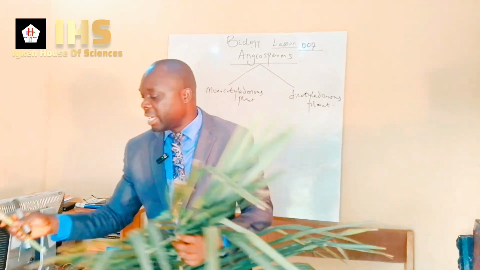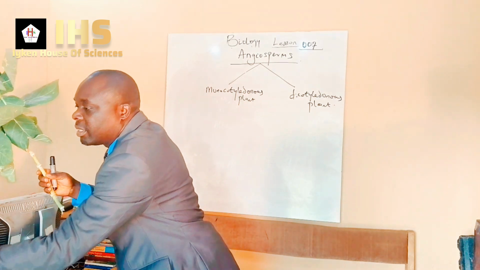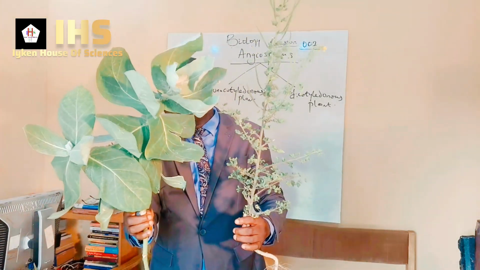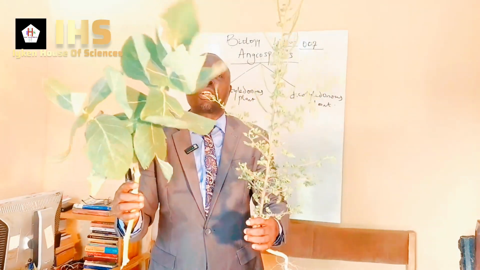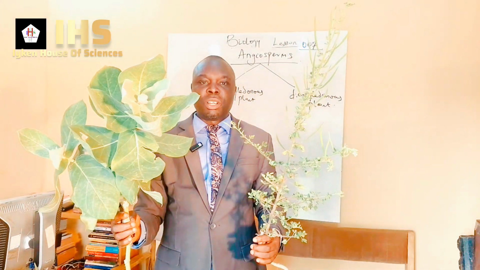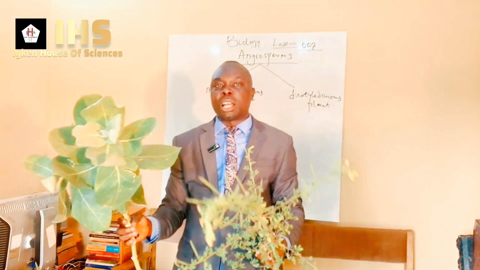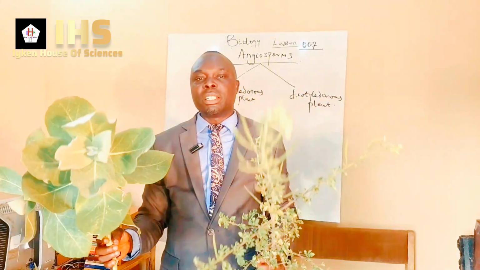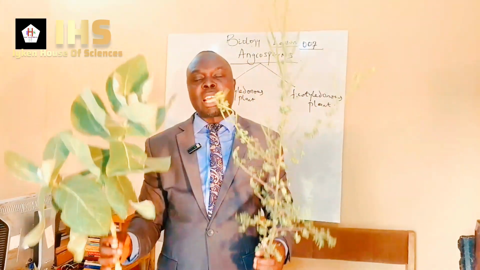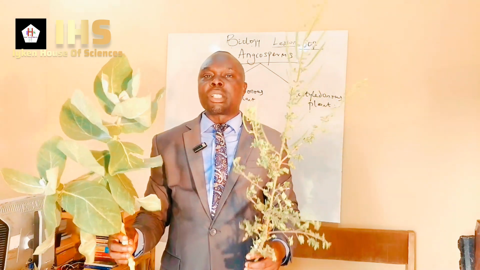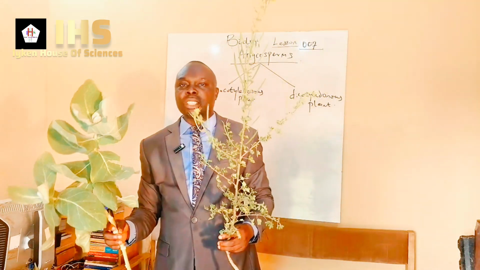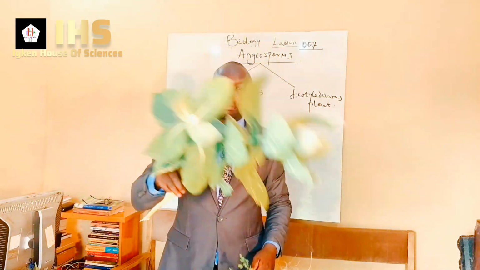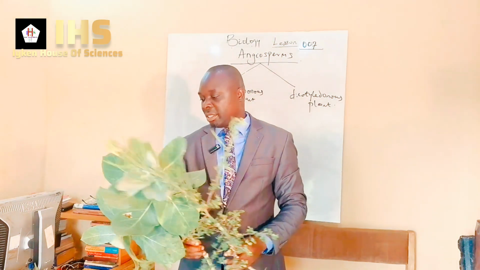This very one here and this one here are called the dicotyledonous. So we are going to make a table now to distinguish between the monocot and dicots. So when we see a plant, as biologists, we'll be able to say this plant is monocot and this plant is dicot.